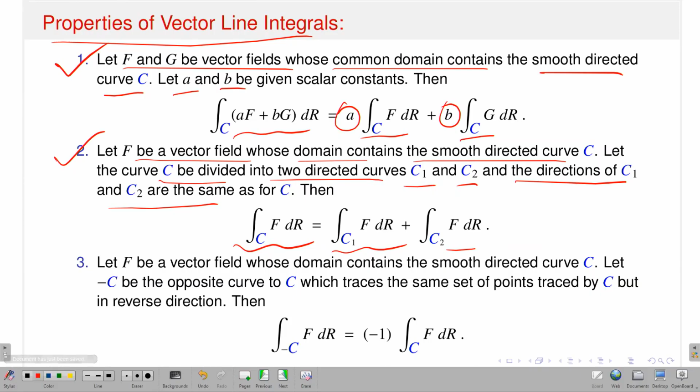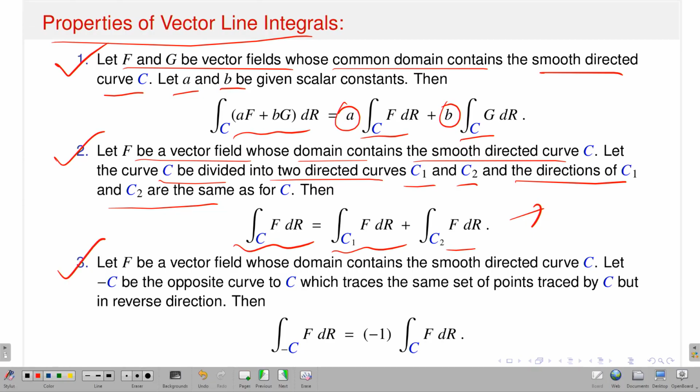So, if C is C1 union C2 with the same direction, then like the Riemann integration from A to B, if I take any middle point C in between, the integral of f(x) dx from A to B is nothing but A to C plus C to B. Those similar kinds of things are also true in the context of vector line integrals.